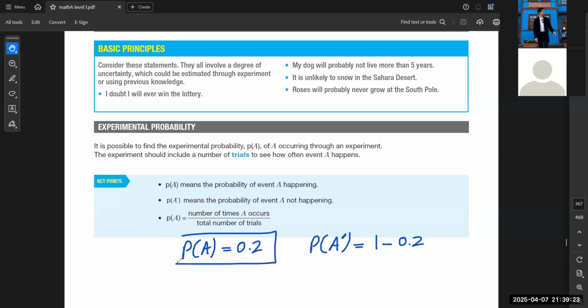So the probability of something happening and the probability of something not happening are always bounded by this very specific relationship: 1 minus something happening will be something not happening. Is that clear? Perfect.